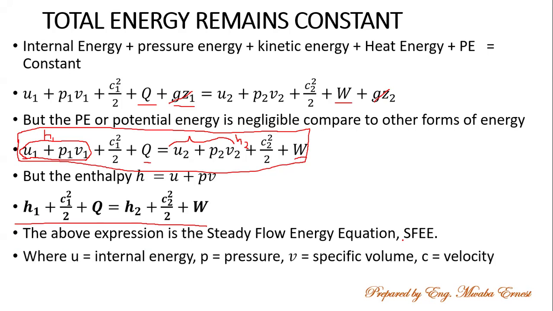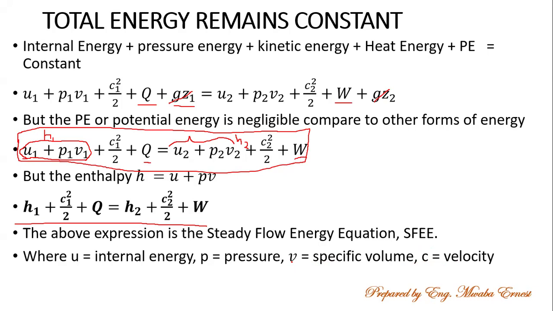Yes, now here we're just trying to emphasize that U represents internal energy, P is pressure, v, the Greek letter nu, represents specific volume, or simply volume per unit mass. Then C is velocity. We could not use the V because it might be confused with this other factor here. So this is the one we're going to use.